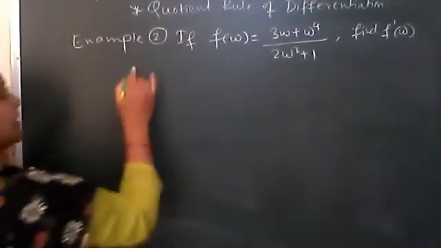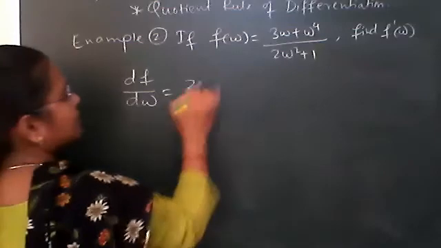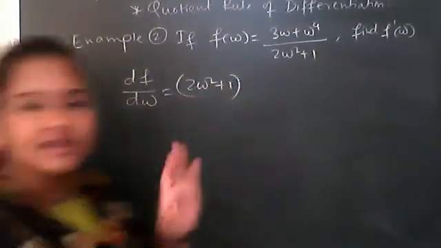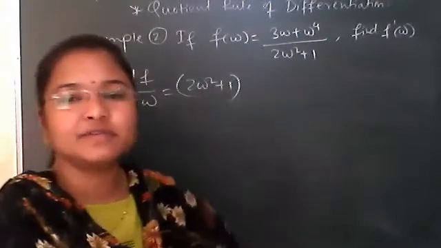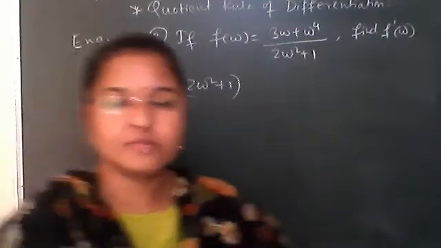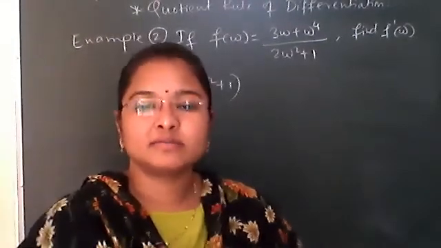Then what will be the derivative? df by dw will be second function constant, derivative of first function. Now directly we will write the derivative. What is the derivative of 3 times w plus w raised to 4? What is the derivative?